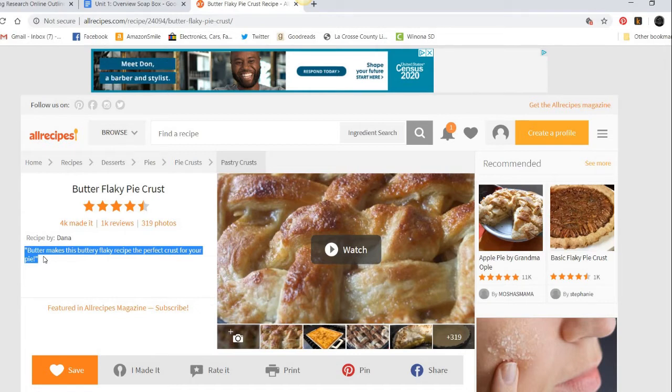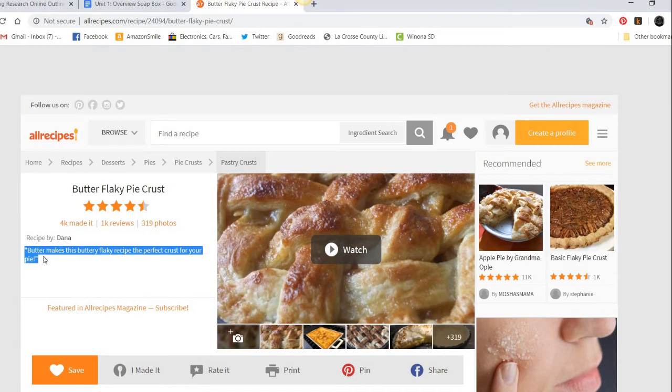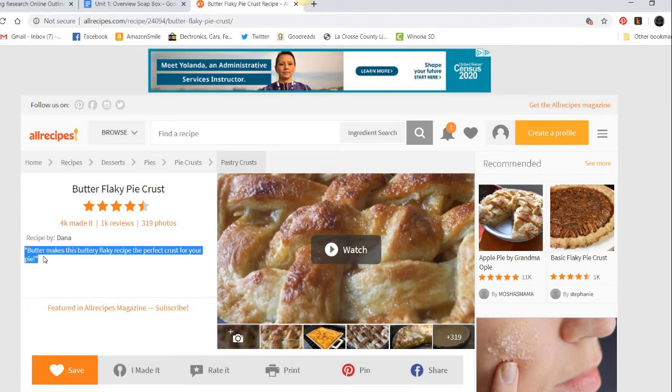Butter makes this buttery, flaky recipe the perfect crust for your pie, right? So the thesis statement here is that butter is what makes this so amazing. Does it in any way matter if this is completely subjective, if this fact, this answer, this thesis statement is backed up by all of this evidence and sources, right?